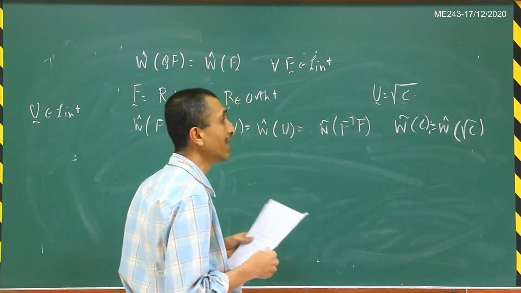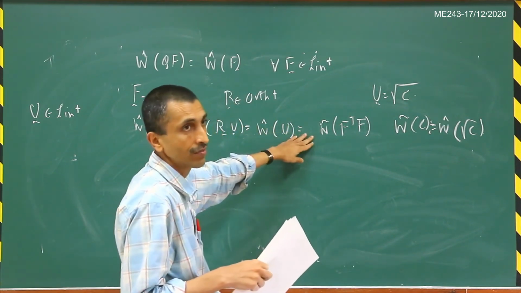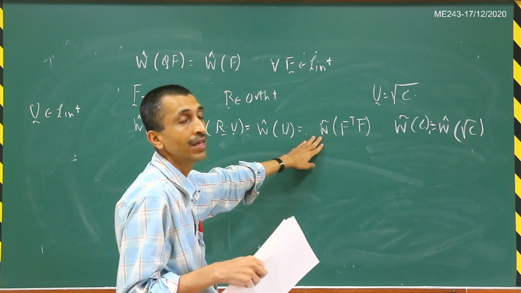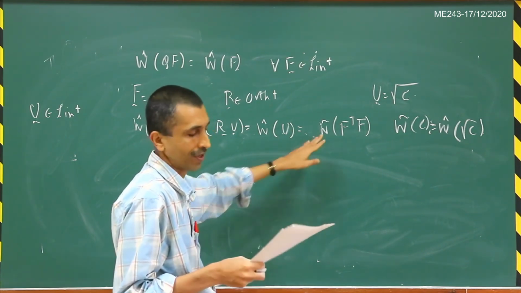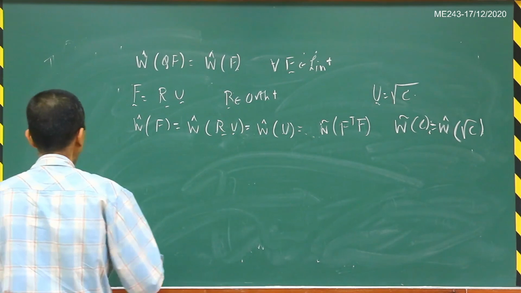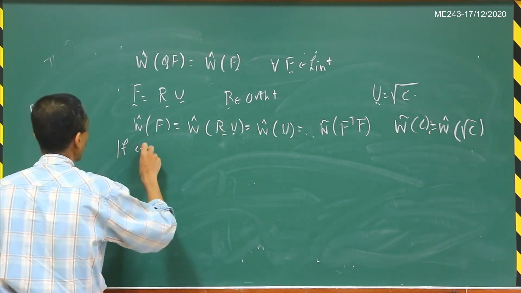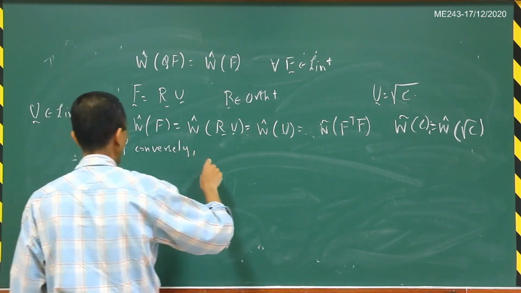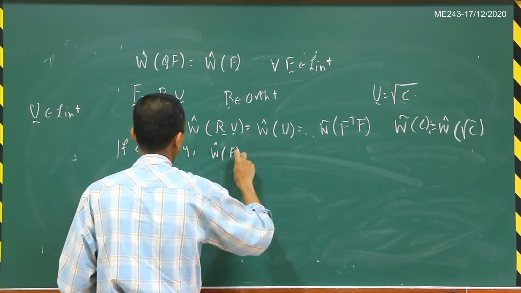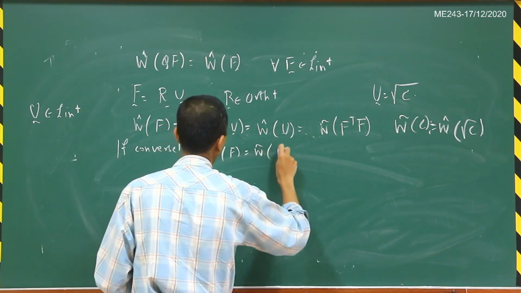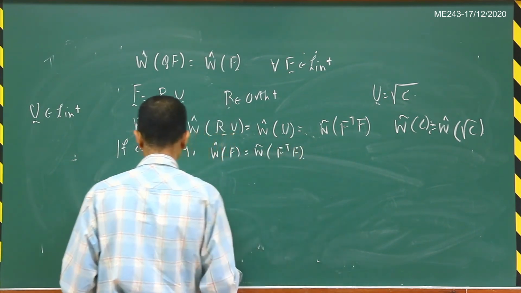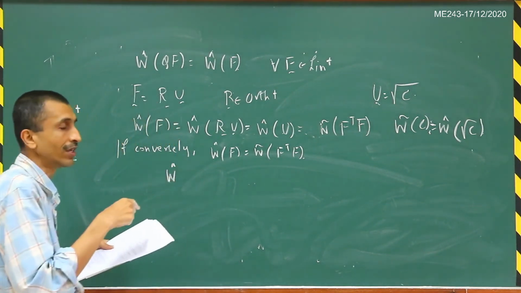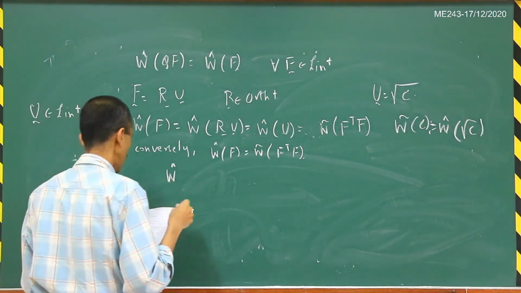Conversely, if there exists such a function, that is w hat of f is equal to w tilde of f transpose f, then the material is frame indifferent. Okay, so let us do this converse. So conversely, if w hat of f is equal to w tilde of f transpose f, then we need to show that w hat of qf is equal to w hat of f.